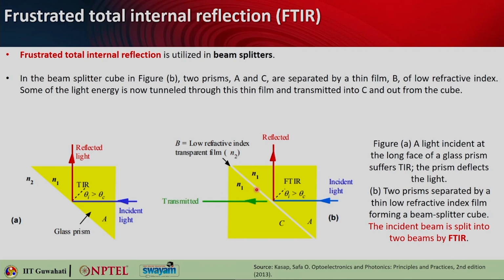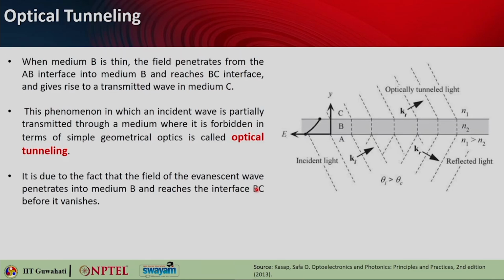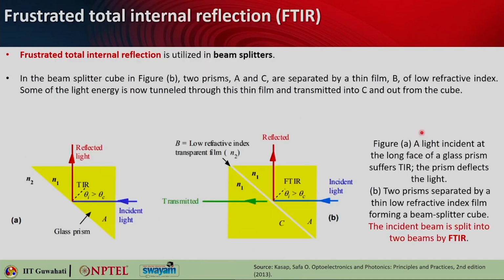In that case, this air region is where the evanescent field will be able to penetrate and come to the third region where it will be able to transmit again. Though it was forbidden, because of this thin layer, it is now allowed.